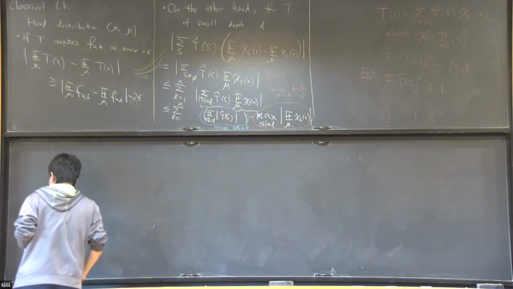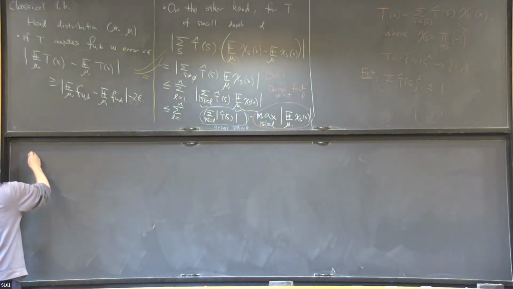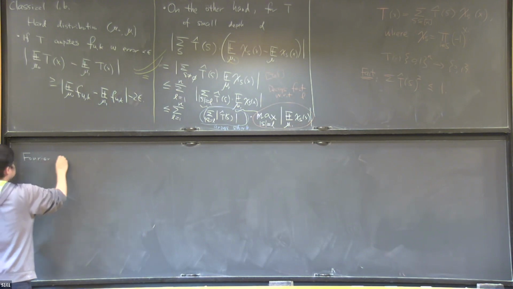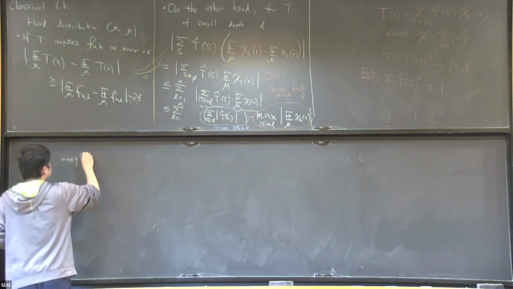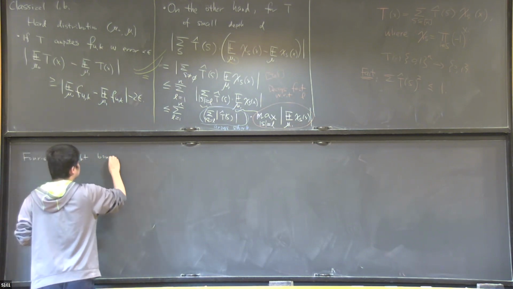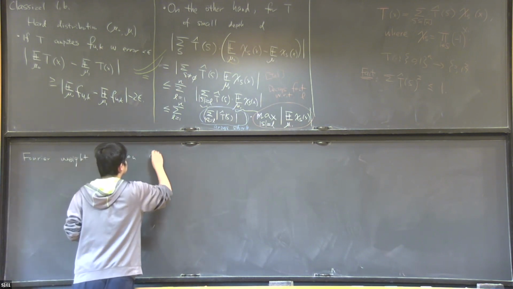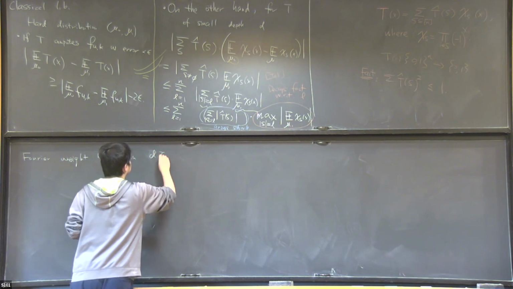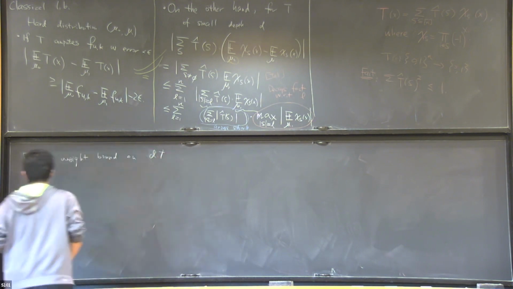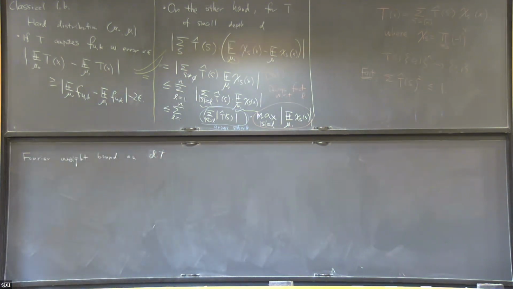So now in the remainder of the talk, we just focus on this Fourier weight bound on deterministic trees. And let me just write down this bound first.